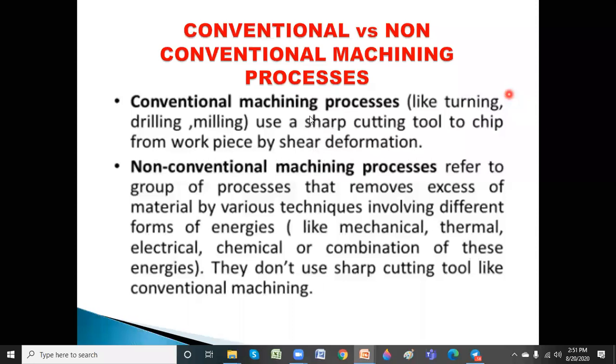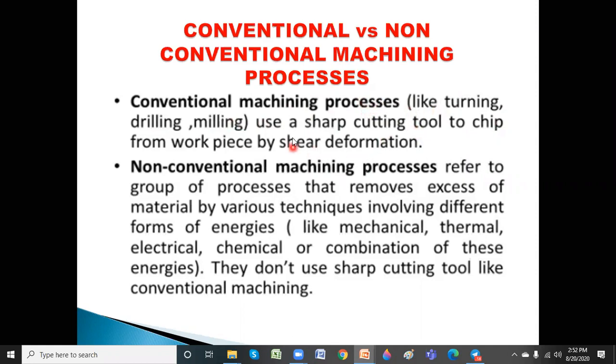You'll be using a high-speed steel tool, and the job, the material, is rotated, and the tool is pointed towards the material and removes the excess material by shear deformation, which produces chips from the workpiece. And obviously I'll be getting the final product. What are the different conventional machining processes? Examples are turning, drilling, and milling, etc.